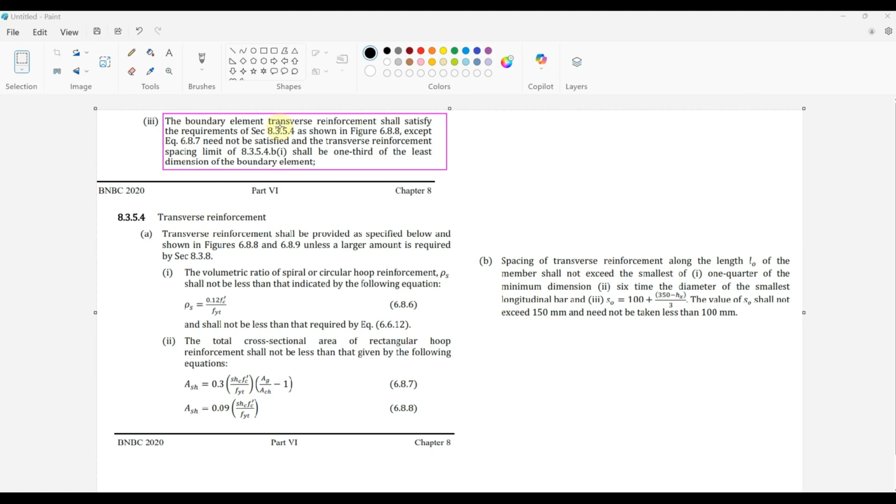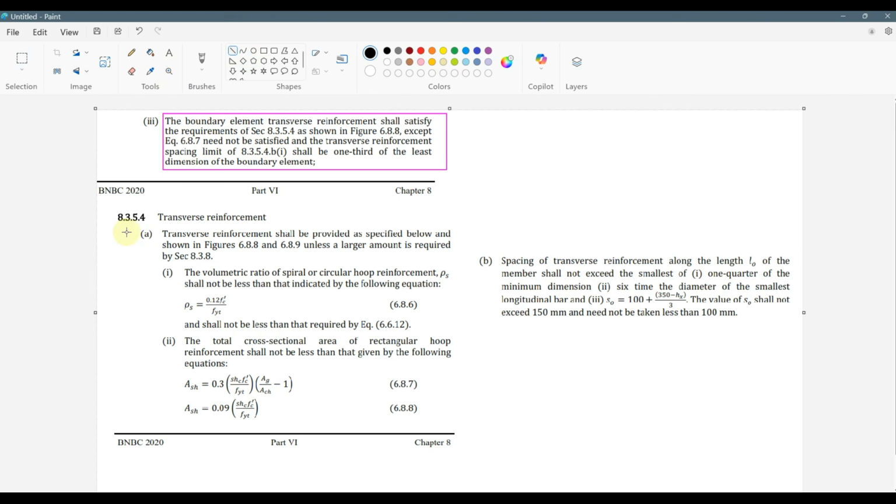The boundary element transverse reinforcement shall satisfy the requirements of section 8354. This is 8354, which is actually applicable for special moment frame columns, as shown in figure 688, except equation 687 need not be satisfied. It means that 8354 is applicable. However, this formula is not applicable.